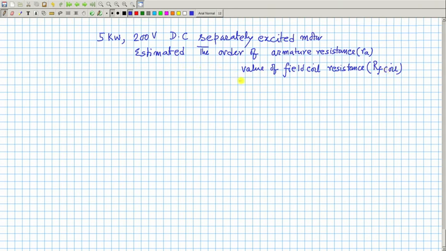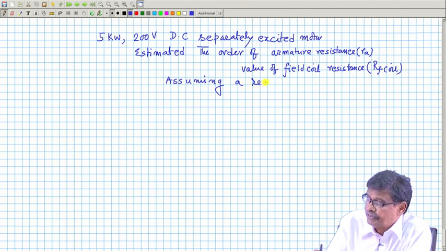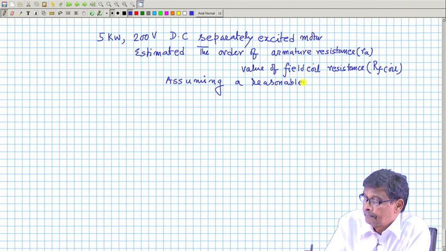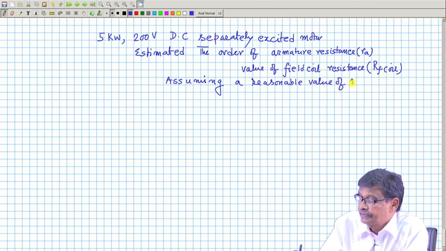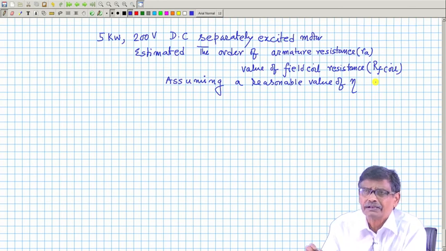Based on what? Assuming a reasonable value of efficiency of the machine, say 80% we assumed.